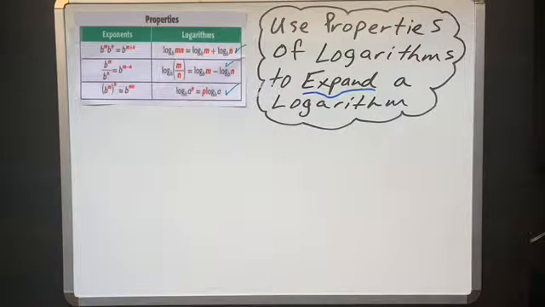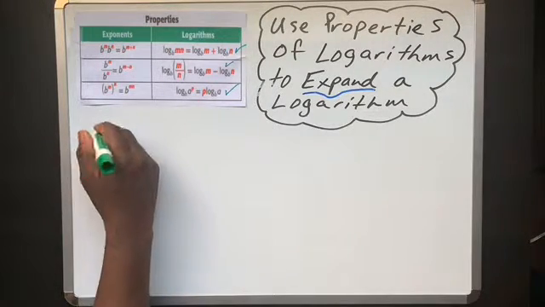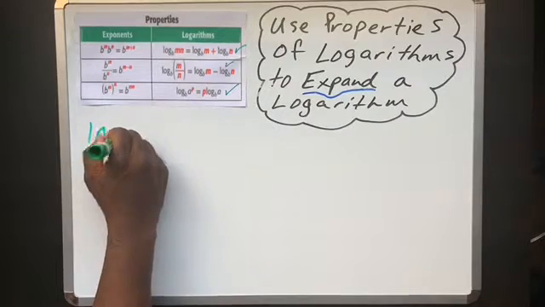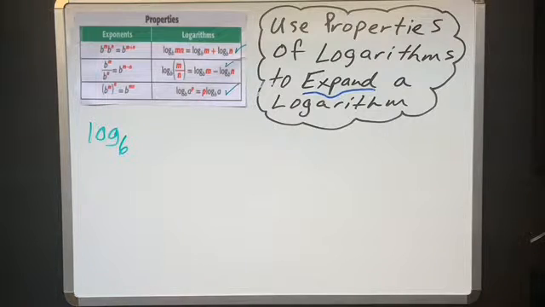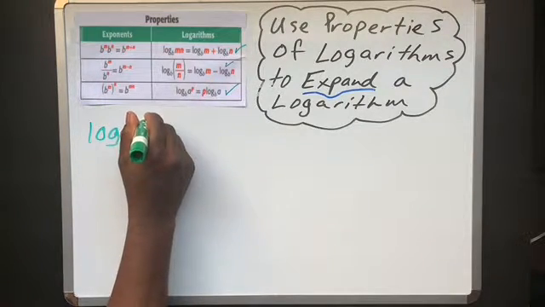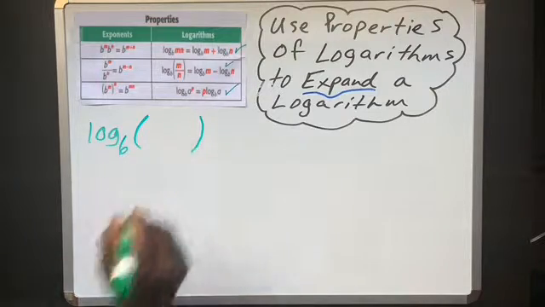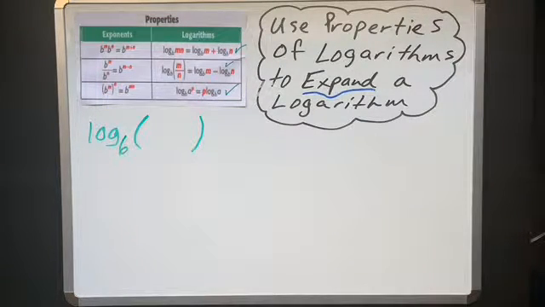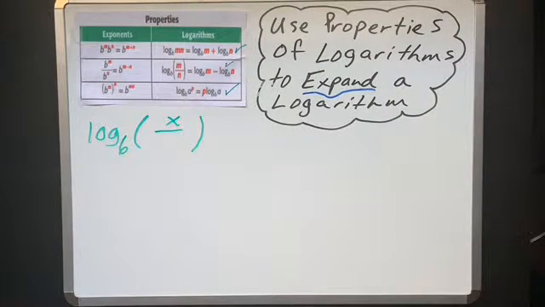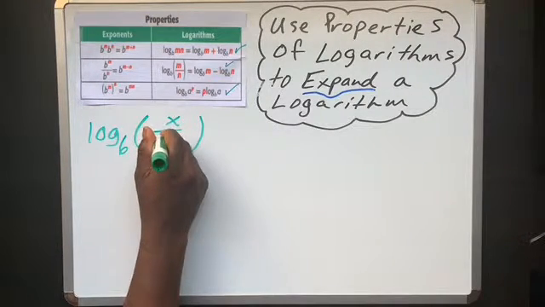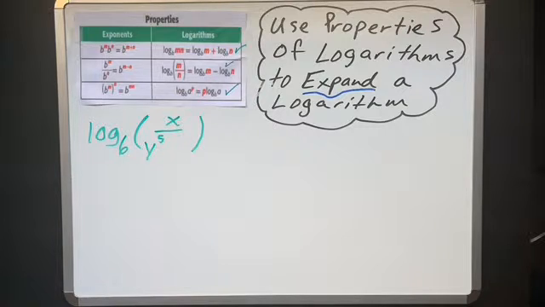Okay, so let's say we have log base 6 of the quantity x over y to the 5th power times z.